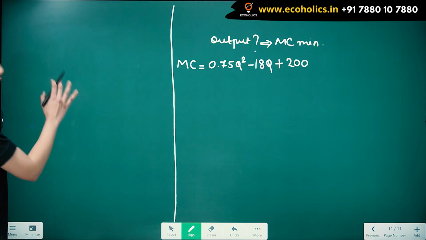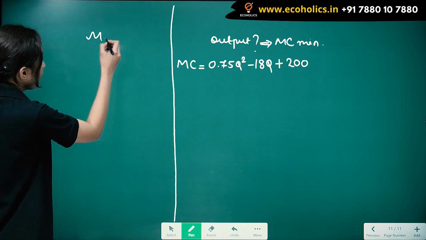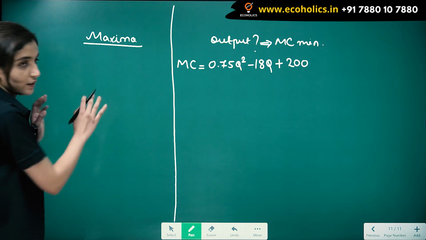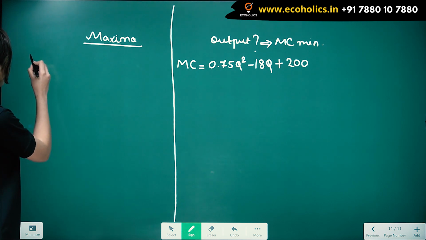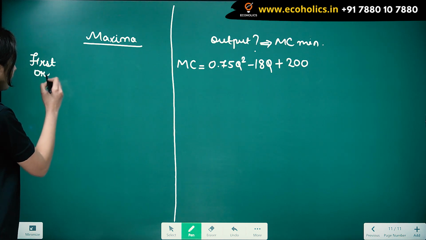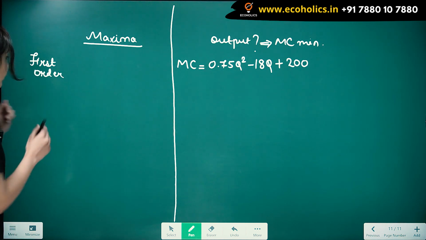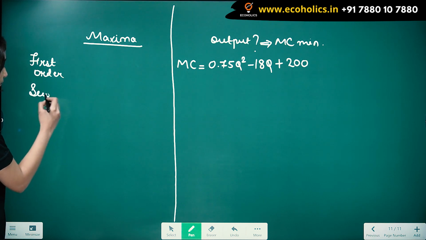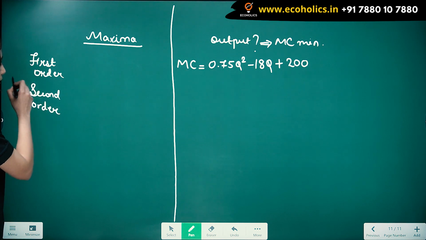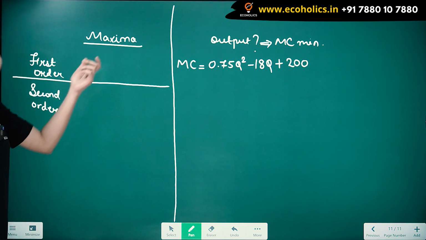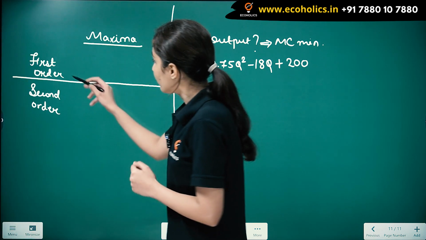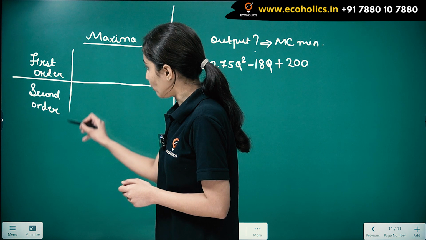So now we have two conditions. When we have maxima, what are the two conditions? So we have first order and second order conditions over here. So for finding the maxima or the maximum value, we have first order condition and we have second order condition.